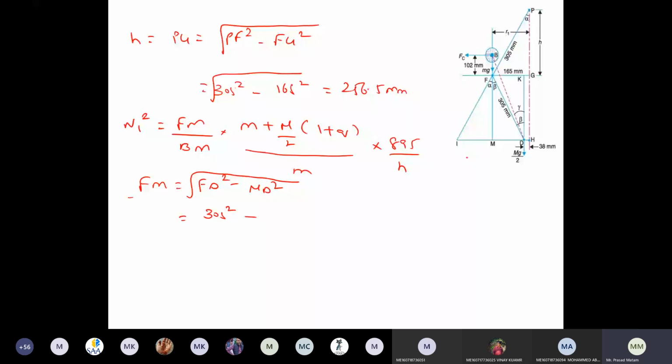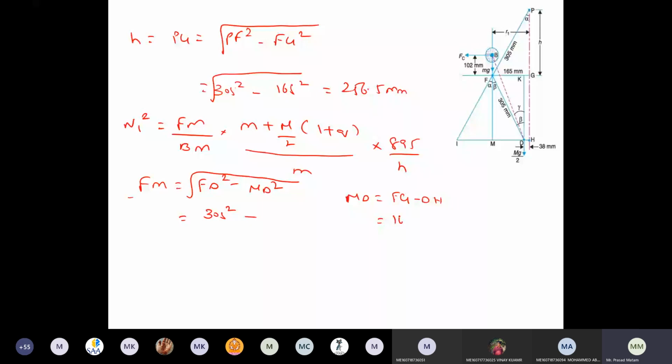MD is equal to FG minus DH, and FG is 165, minus 38.